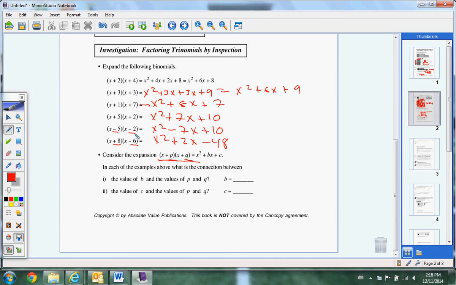Okay, so in each of the examples above, what is the connection between the value of b? So b, the middle, what's its relationship to p and q? So what do you notice about 2, negative 7, 7, 8 in terms of p and q?